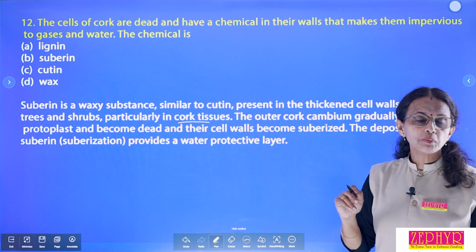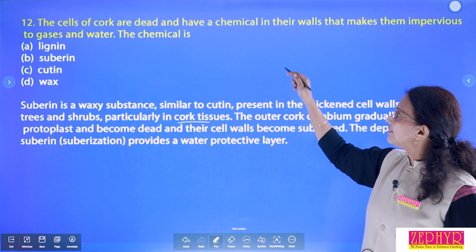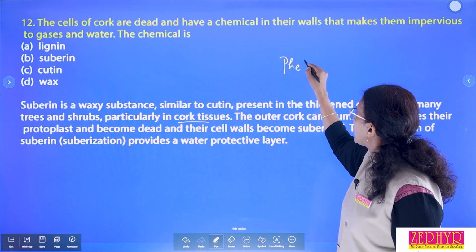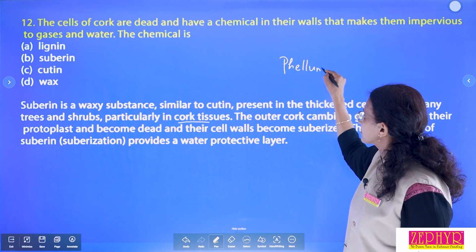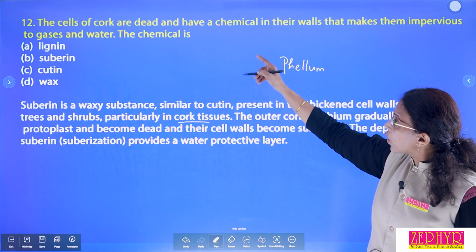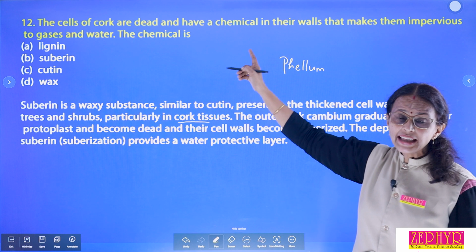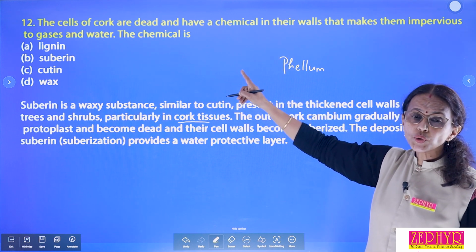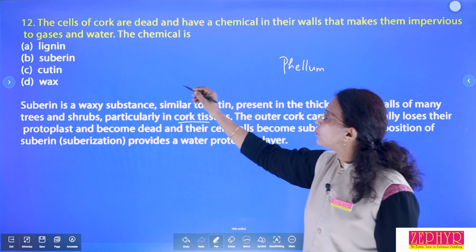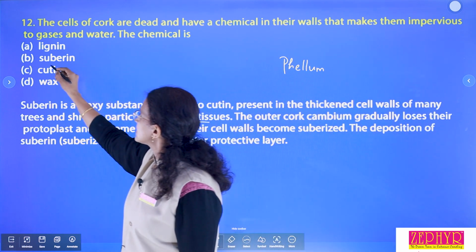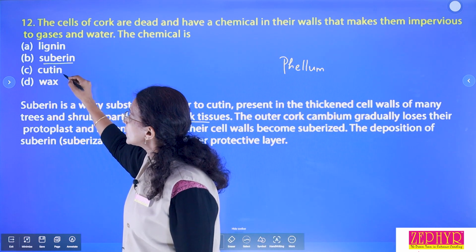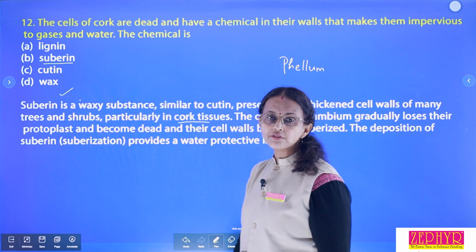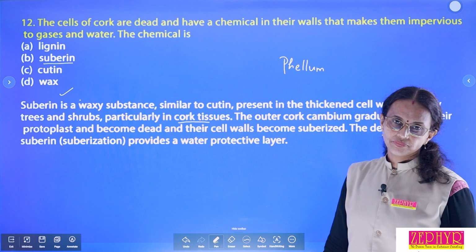Another name of cork is phellem. The cells of cork are dead and impervious to gases and water due to the presence of suberin. Cutin or cuticle and wax are usually present at the surface of the leaf.